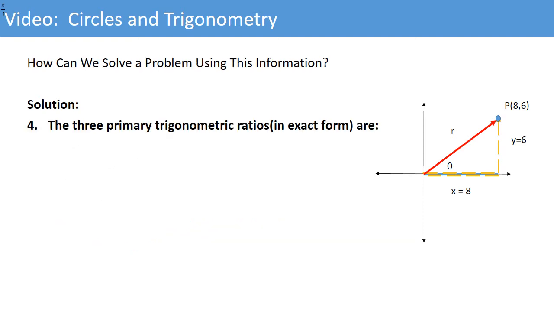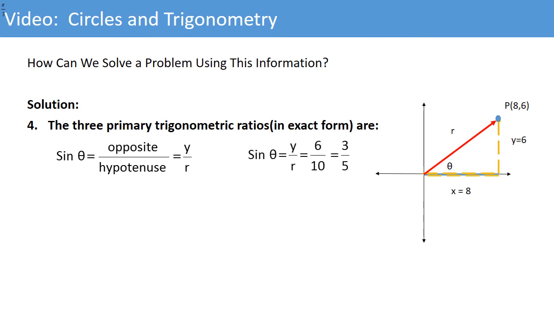And now, here are the 3 primary trigonometric ratios in exact form and also to the lowest common terms. Sine theta is opposite over hypotenuse, which is Y over R. So we will get 6 over 10, which reduces to 3 over 5.